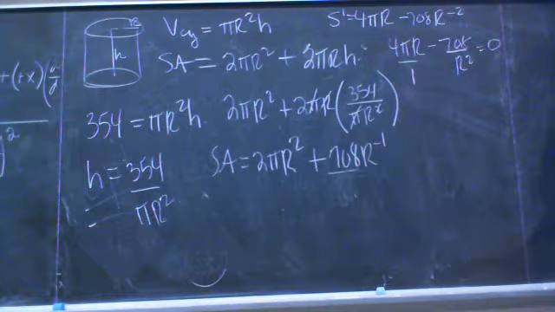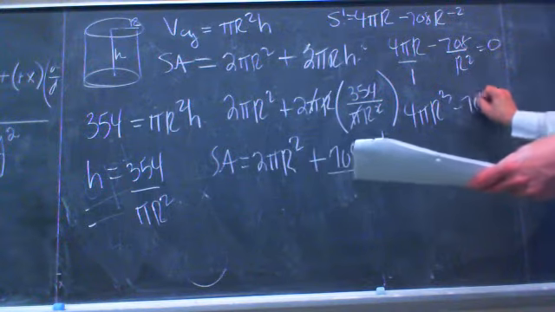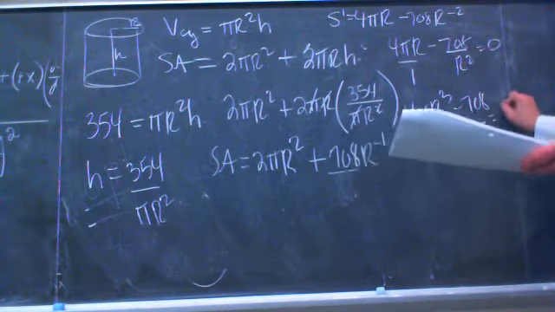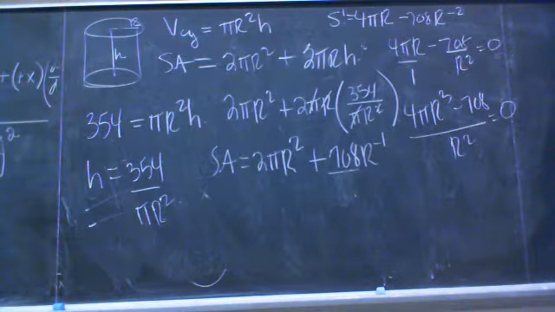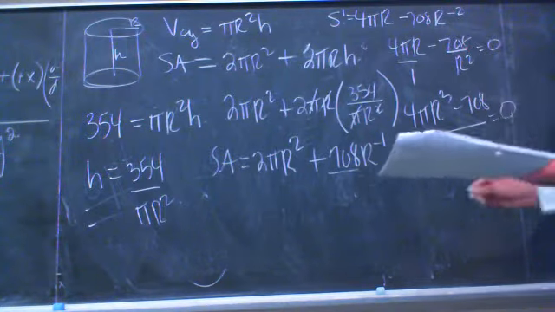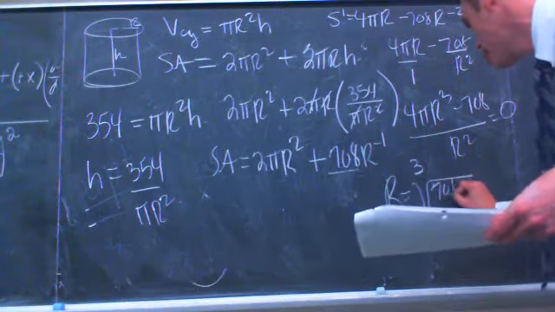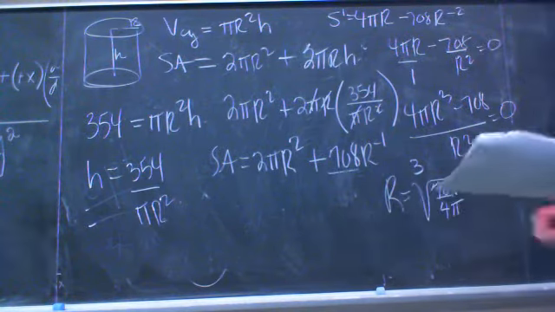Put this over that, get a common denominator. So it's going to be 4 pi r cubed minus 708 over r squared equals what? 0, right? And I'm going to add 708 and divide by 4 pi, take the cube root, and r is the cube root of 708 over 4 pi.